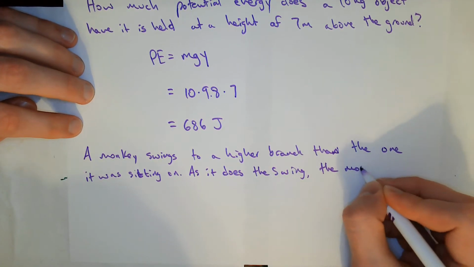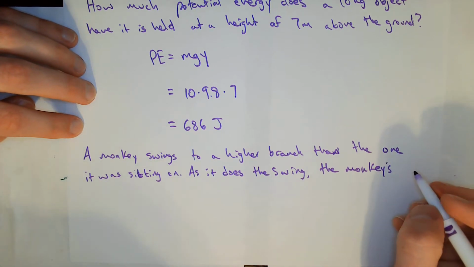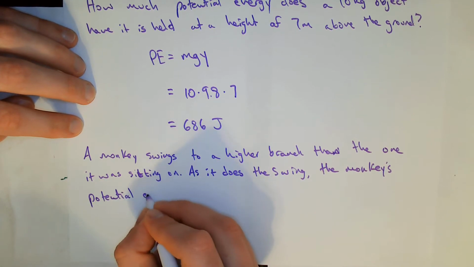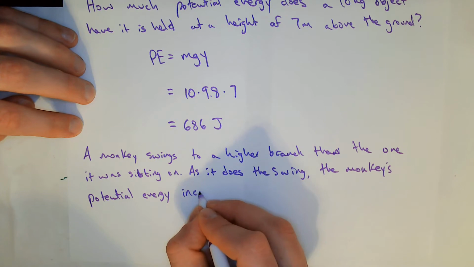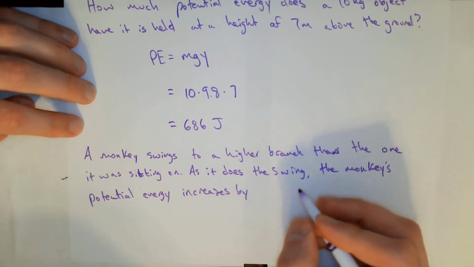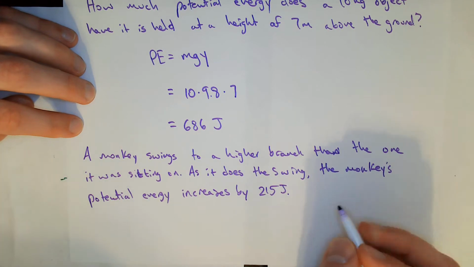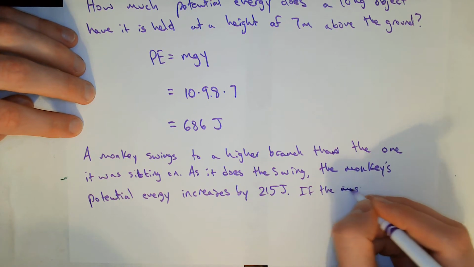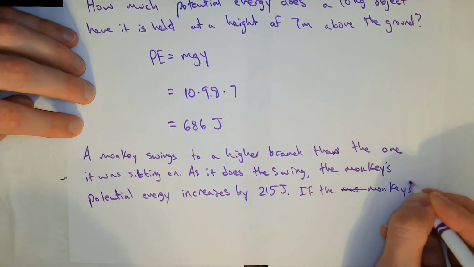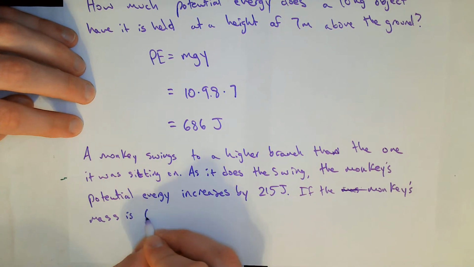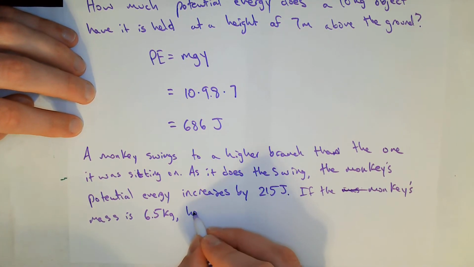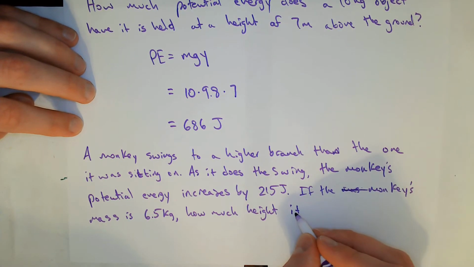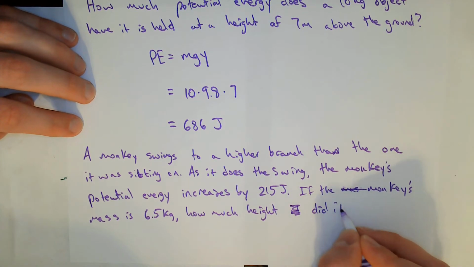As it does the swing, the monkey's potential energy increases by 215 joules. If the monkey's mass is 6.5 kilograms, how much height did it gain?